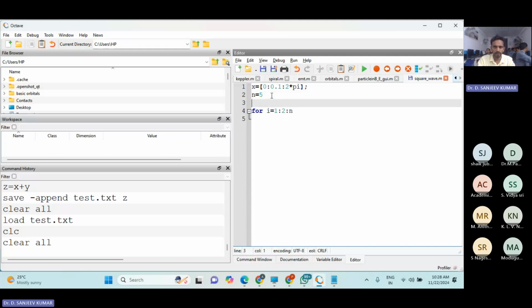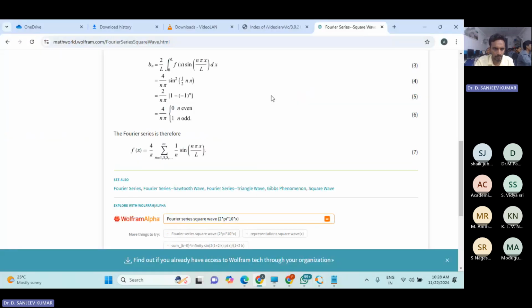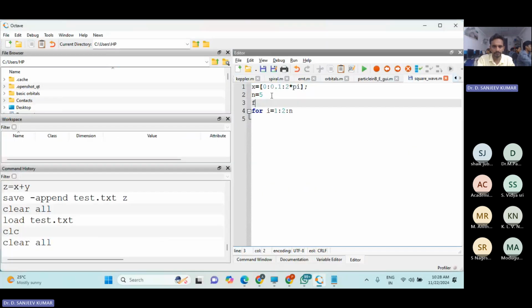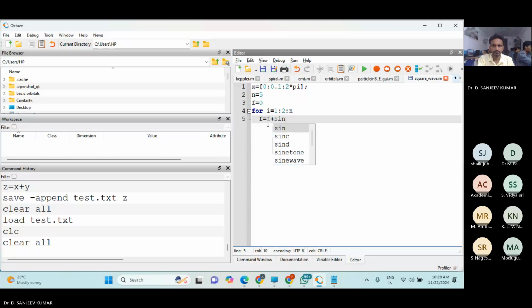My total term, the thing I need to plot, I call it f, and I'm initializing it to 0. f is equal to 0. For i is equal to 1:2:n, I'm updating the value of f. f is equal to f plus sine.